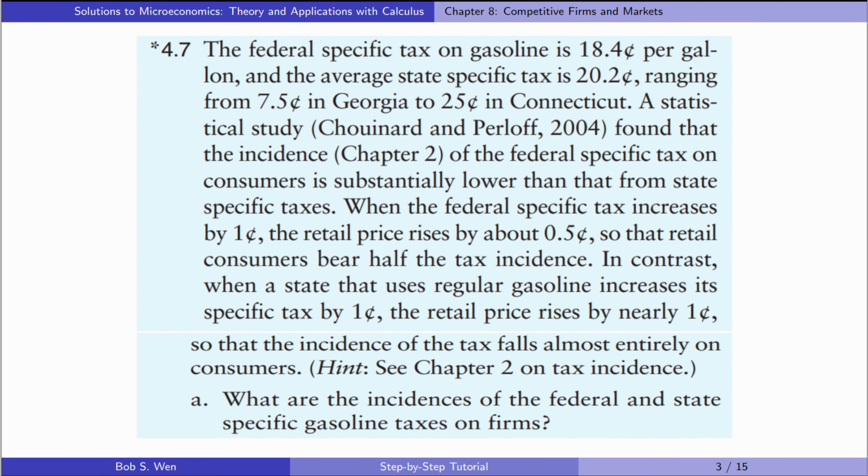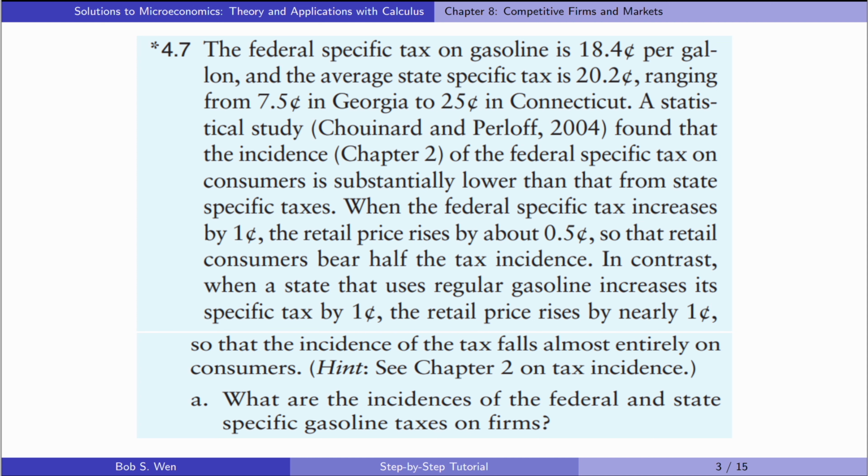Let's answer exercise 4.7. The federal specific tax on gasoline is 18.4 cents per gallon, and the average state specific tax is 20.2 cents, ranging from 7.5 cents in Georgia to 25 cents in Connecticut.